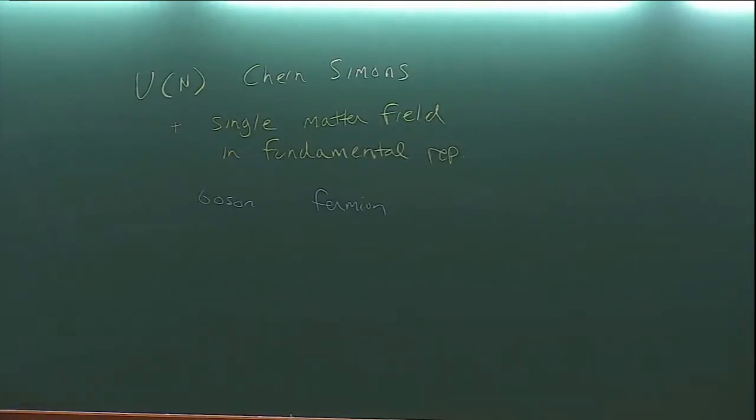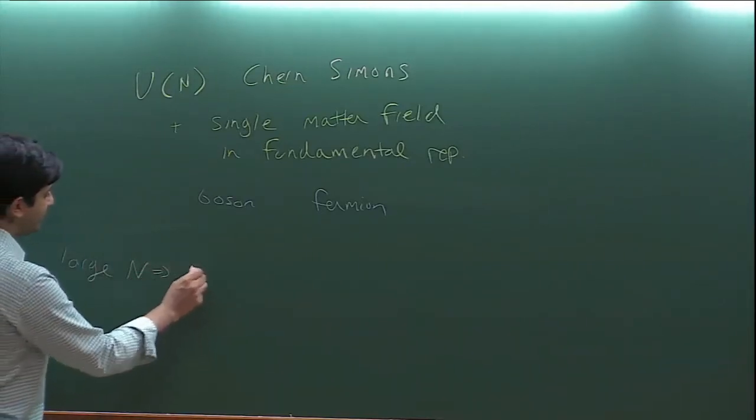If we have matter in a fundamental representation, we can ask what are the gauge invariant operators that the theory contains. We want to consider single trace operators, because these are the operators which dominate in the large N limit.